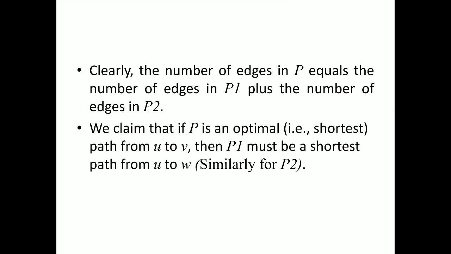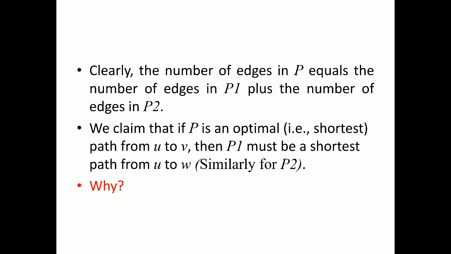Now assume that this path is optimal. So we claim that if P is optimal from U to V, then P1, the path from U to W, will also be the shortest path. Similarly, for P2, the path from W to V will be the shortest path.